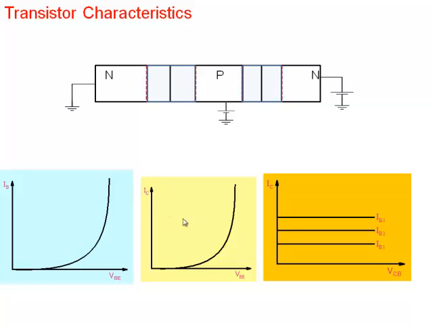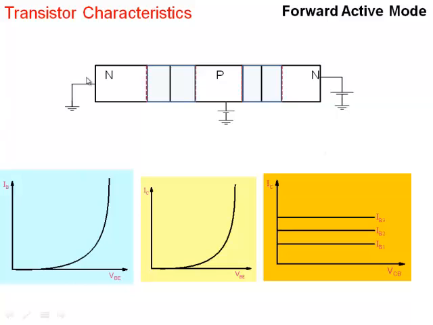What do I call these characteristics? Collector current versus base emitter voltage I will call transfer characteristics, because it's output current versus input voltage here. So this is transfer, and this is output characteristics here. Okay. This is the operation that we often call the forward active mode.